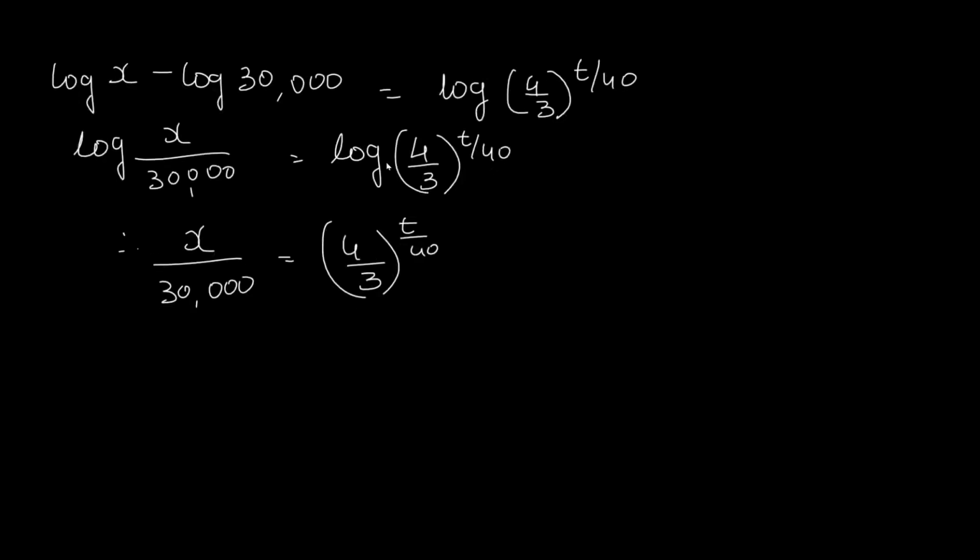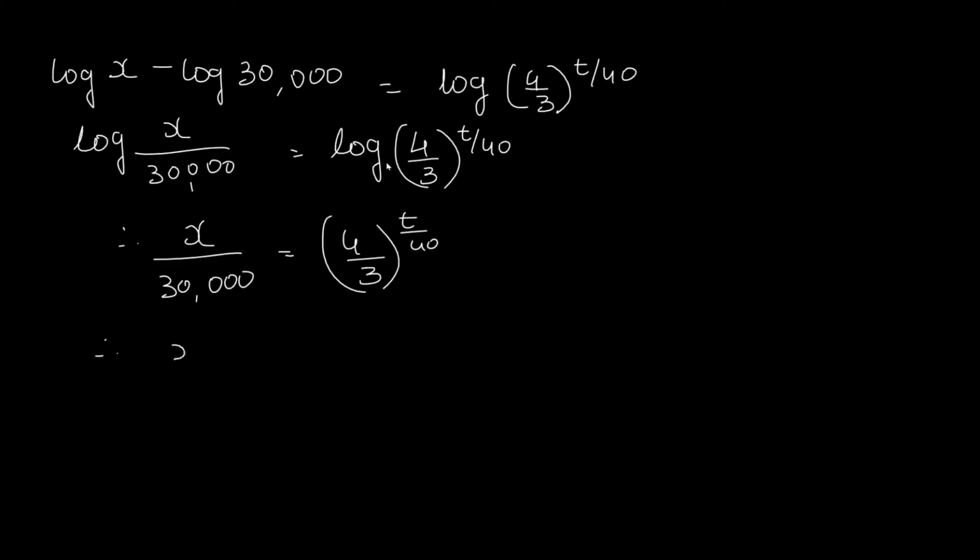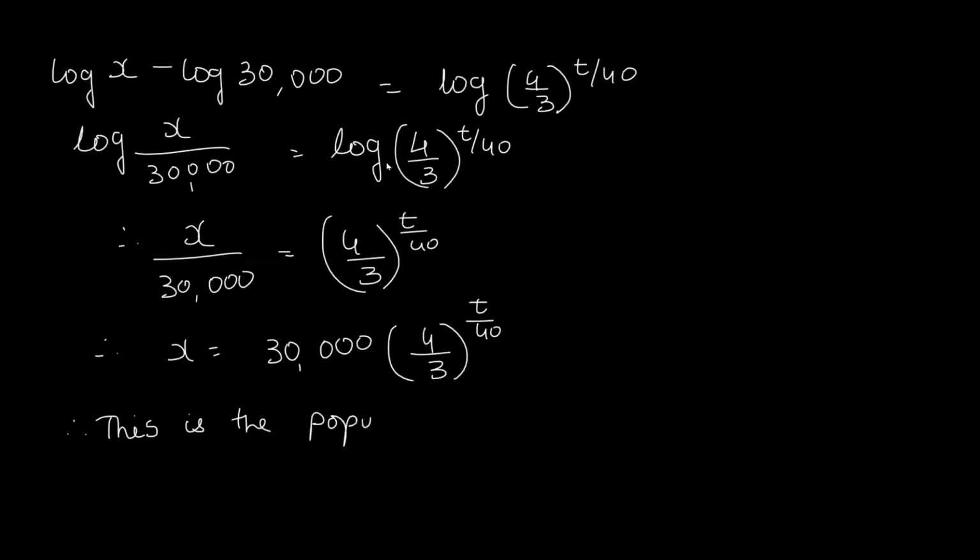And therefore x is equal to 30,000 into 4 upon 3 raised to t by 40. So this becomes the population in time t. Therefore this is the conclusion, this is the population in time t. Thus the sum is done.